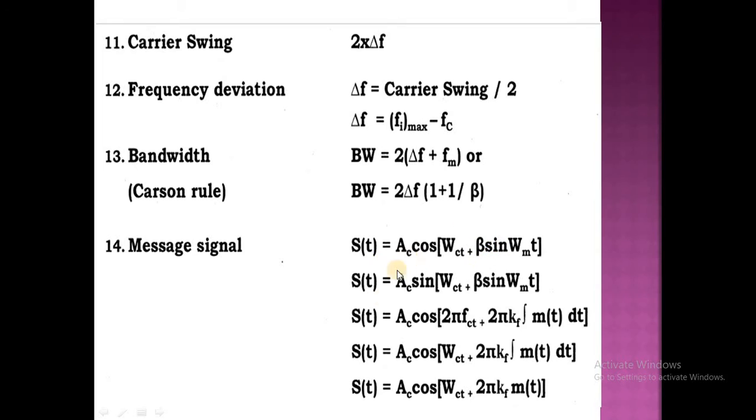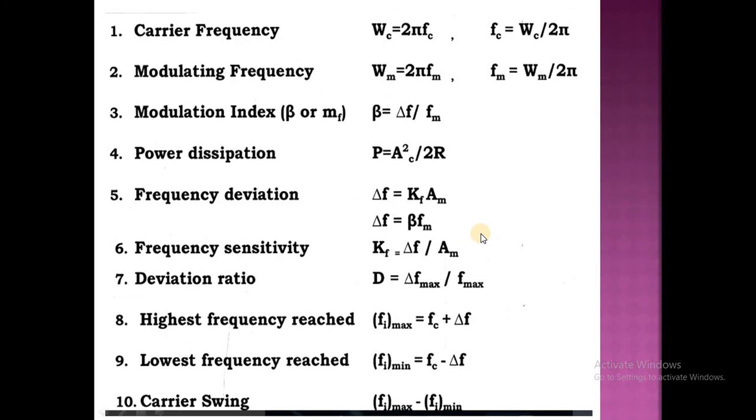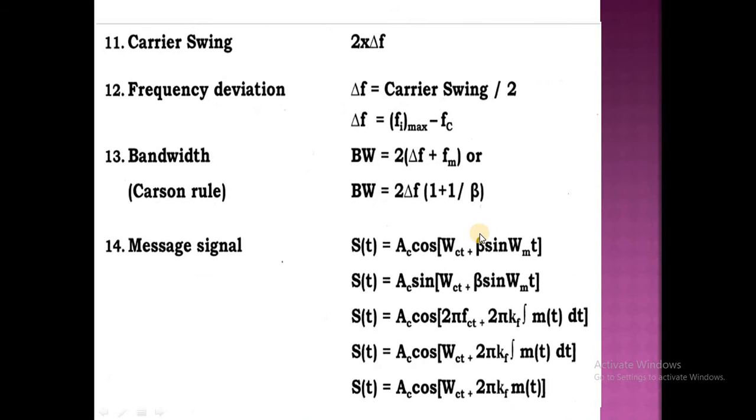So these are the standard equations of an FM wave. The standard equations are: S of t equal to Ac cos of omega ct plus beta sin omega m t.